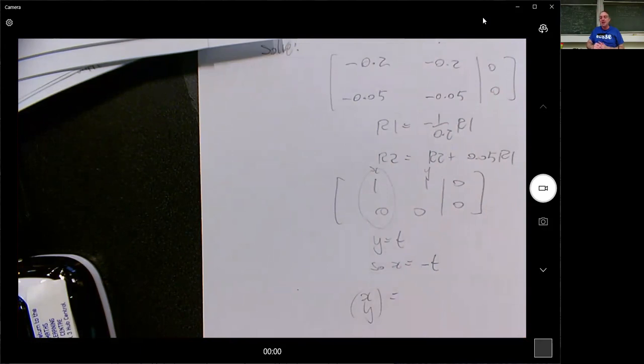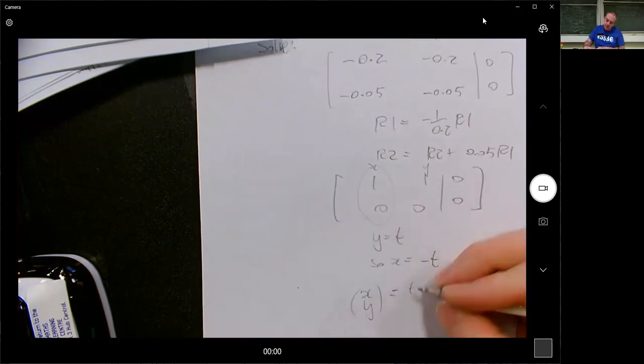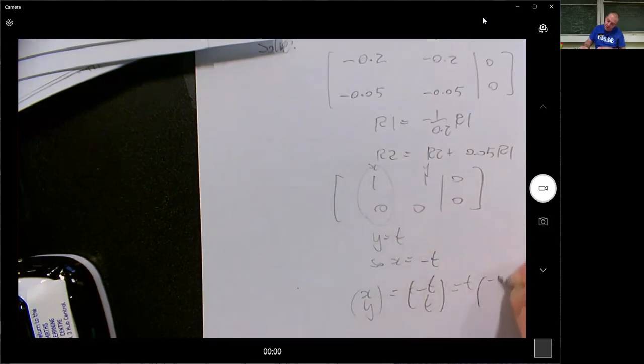That's okay, because I'm saying that this choice for all possible t's is this eigenspace, and that choice for all possible t's over there is that eigenspace, so that when people read it, they know that both of them cover all the possible values, so it doesn't really matter. So I've got a minus t for x and a plus t for y, which is t times (minus 1, 1).